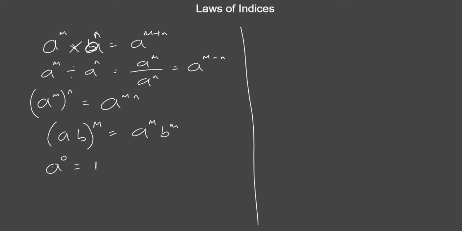That one states that if you have a raised to the power of minus m, what you get is 1 divided by a raised to the power of m without the negative. So if your power is negative, you can knock off the negative sign by performing a multiplicative inverse of what you have already, without the negative sign.